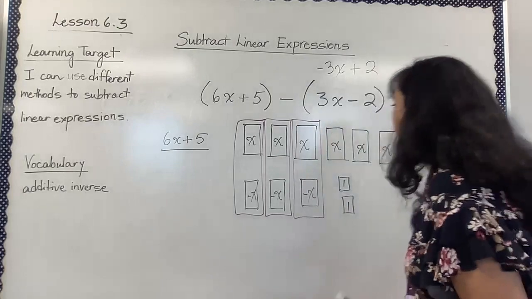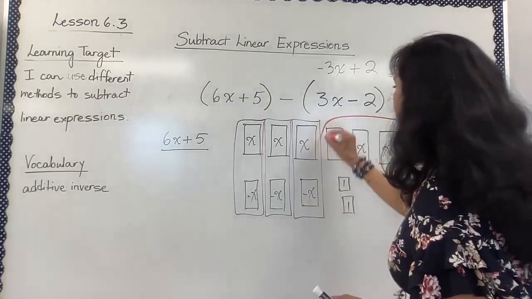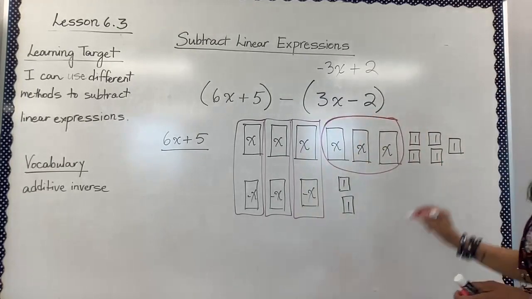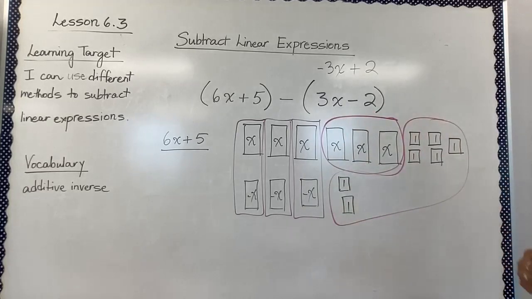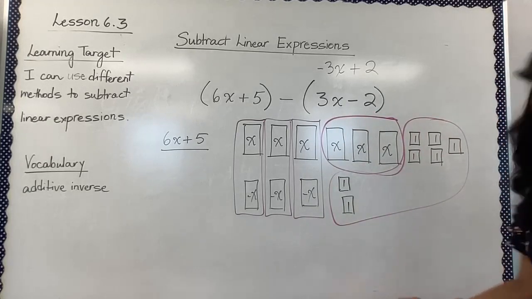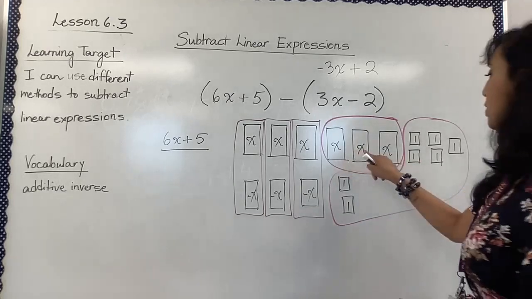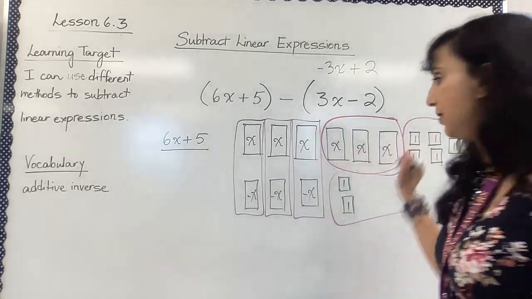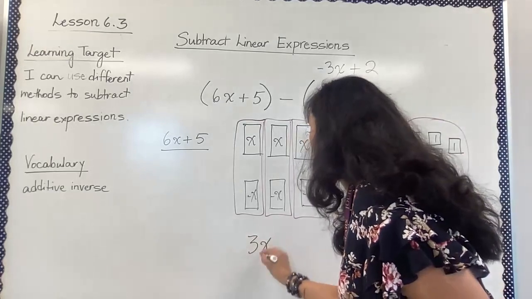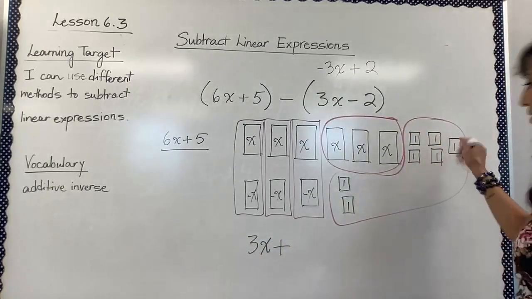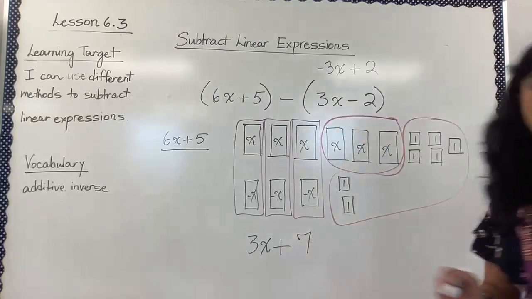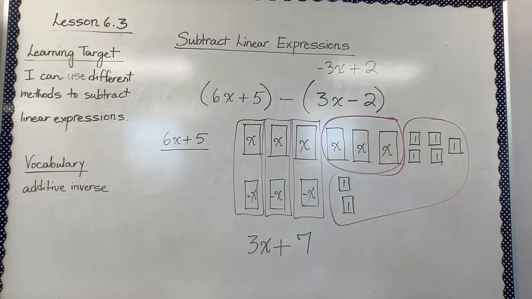I have 1, 2, 3 x's, and 1, 2, 3, 4, 5, 6, 7. So 3x plus 7 is my answer.